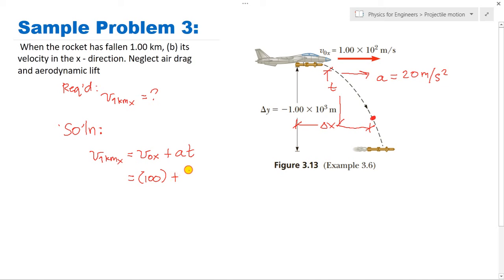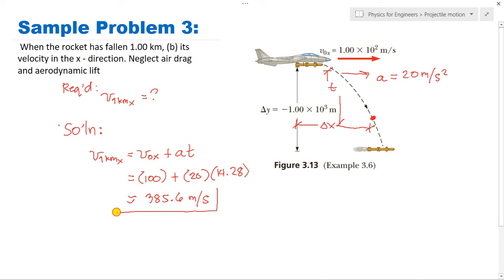Plus our acceleration, this is 20 meters per second squared. How about our time? The time there is approximately 14.28. Then from this, solve directly. 100 plus 20 times 14.28. Therefore, our velocity on the x component is approximately equal to 385.6 meters per second.